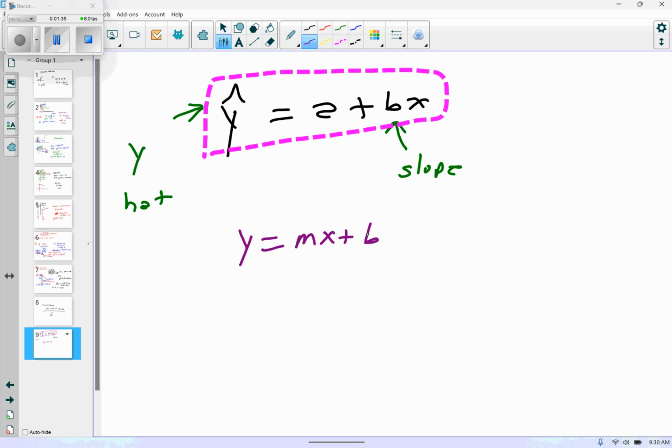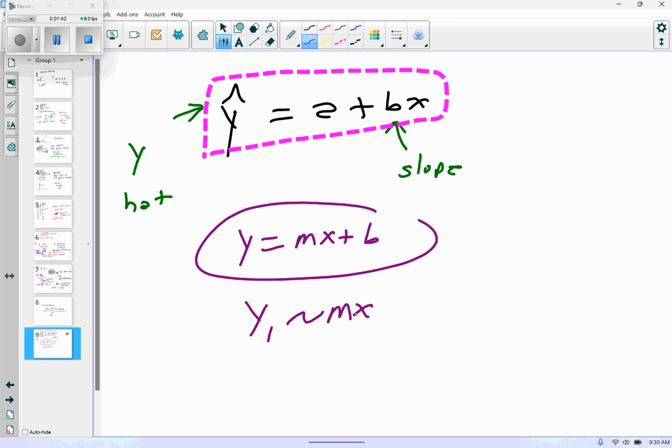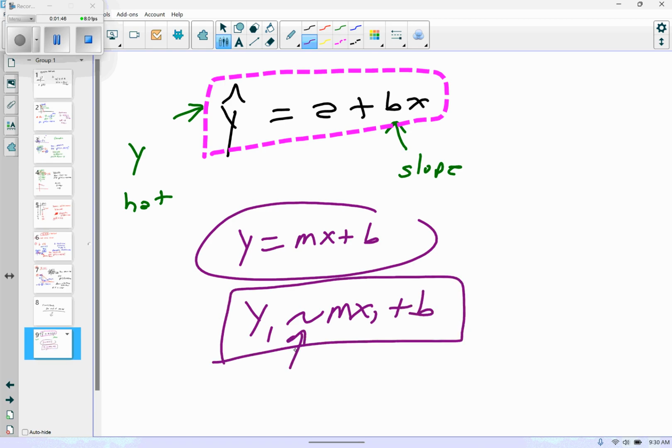On Desmos, we've learned that if we use y1 tilde mx1 plus b, the tilde is the operator on Desmos to let Desmos know I need to find an equation from the data that's given.